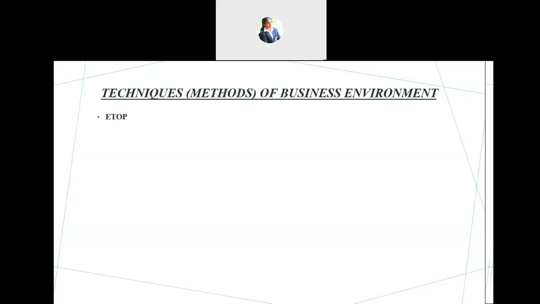impact of each factor. In this step, to what extent these factors are going to affect the business is analyzed, and whether the effects are positive or negative. Will they provide any kind of opportunity, or will the company have to be ready to face the problems these environmental factors are going to present?